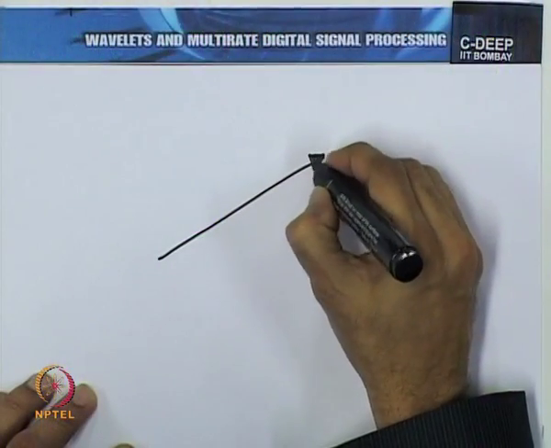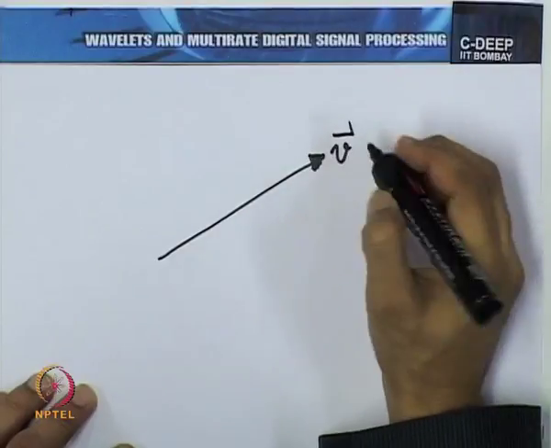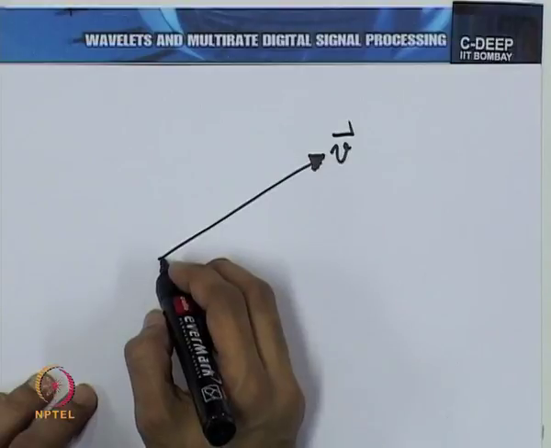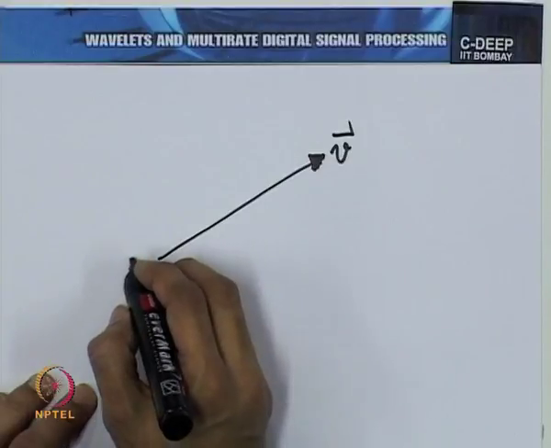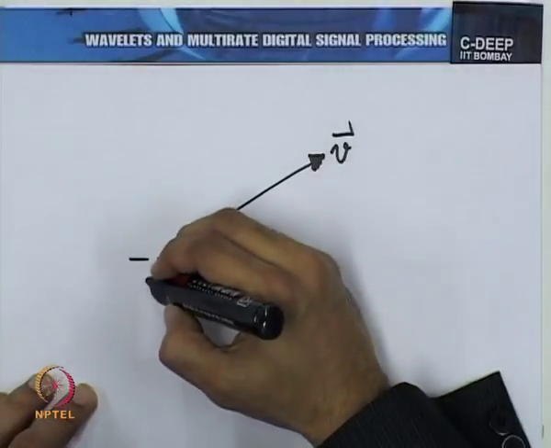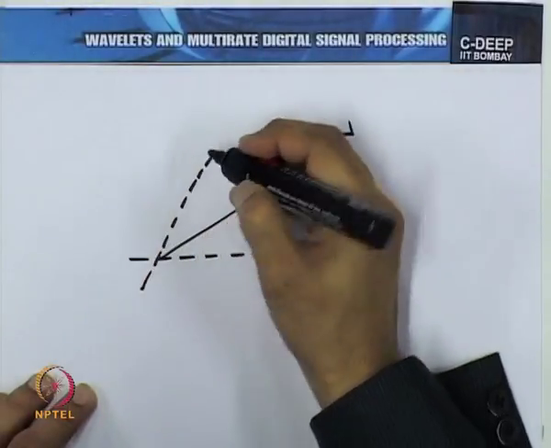So, for example, the same two-dimensional space can be described by the following different coordinate systems. So, I will draw the same vector v. And it is perfectly all right to choose a coordinate system something like this. I could choose one coordinate like this, another coordinate like this.